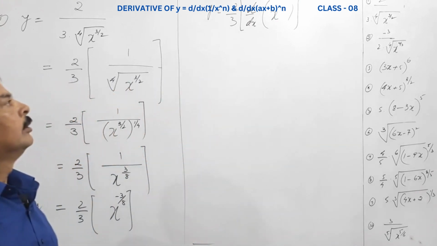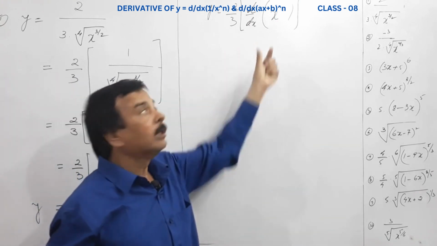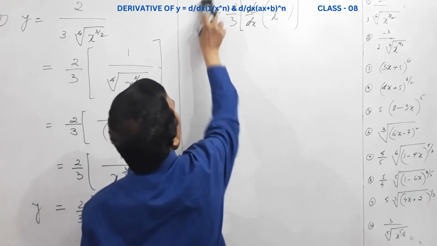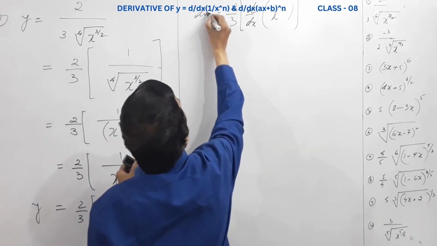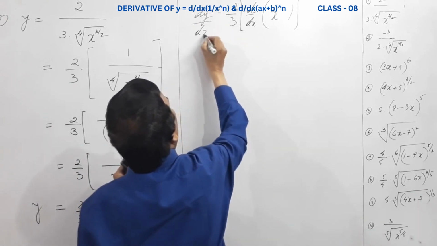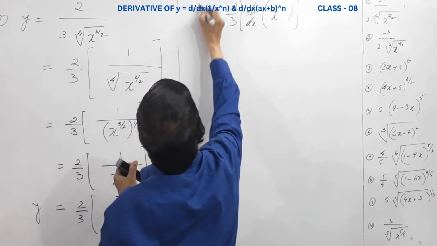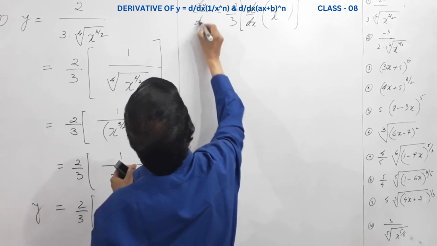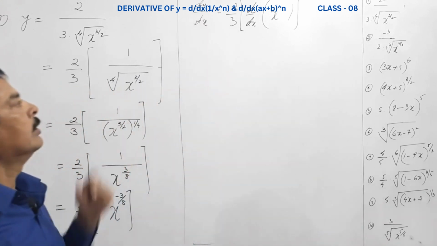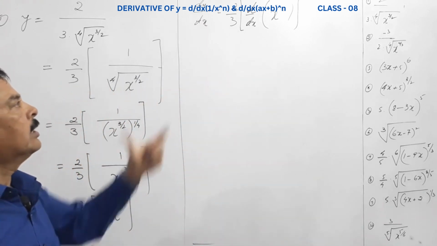Sorry, here I have to write dy by dx. So dy by dx equals this. So let's differentiate this.